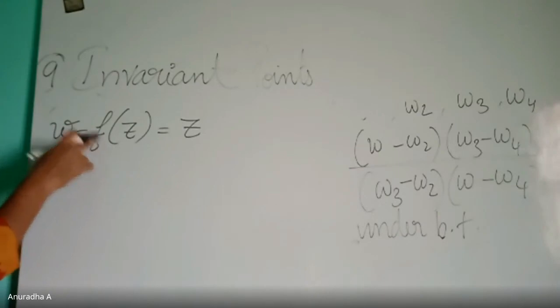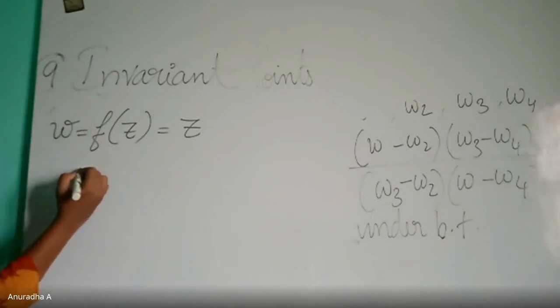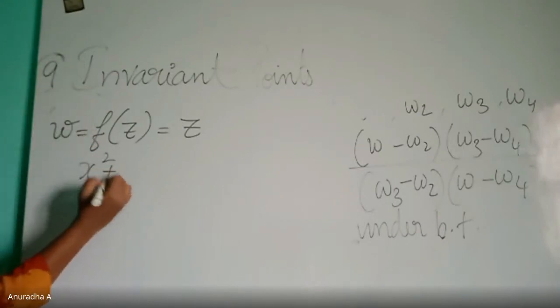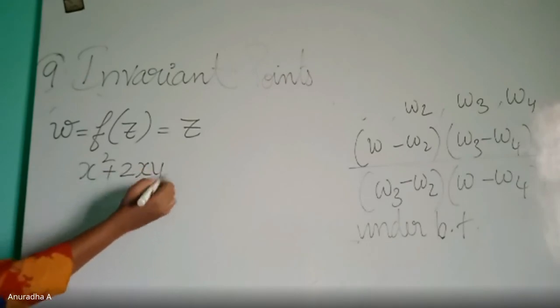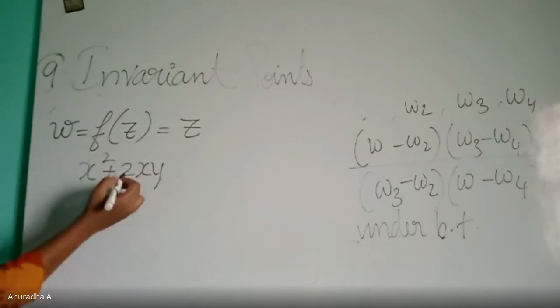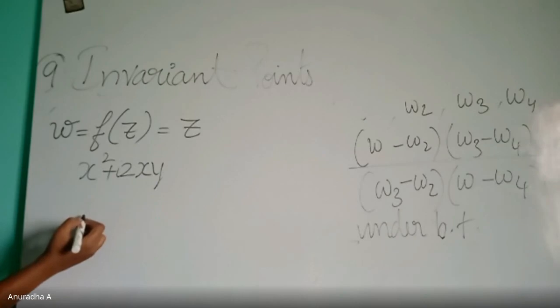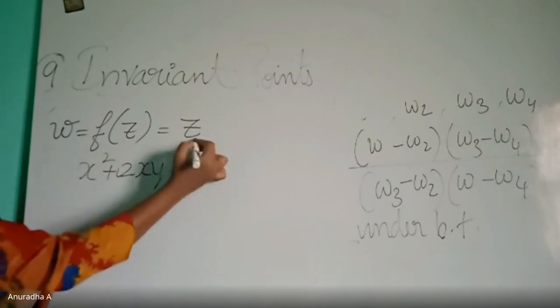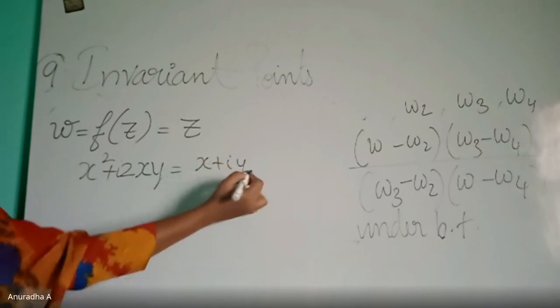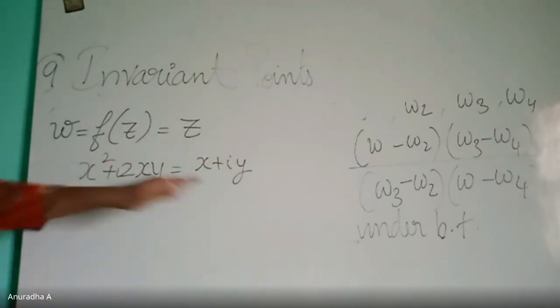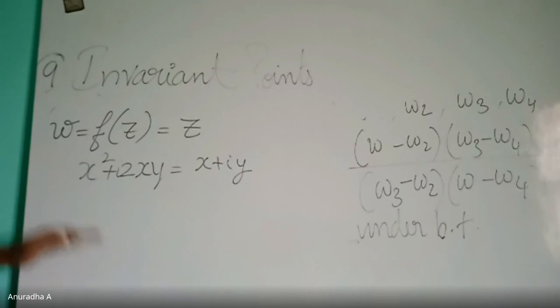They'll give some function like x square plus 2x, 2xy, something like that, as f of z. You have to equate it to z. What is z? x plus iy. Equate, and find for which values of x comma y these are invariant.